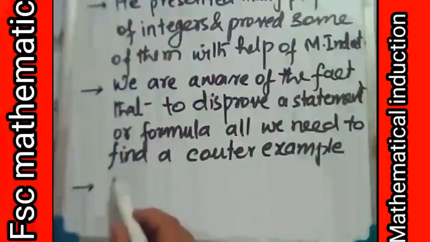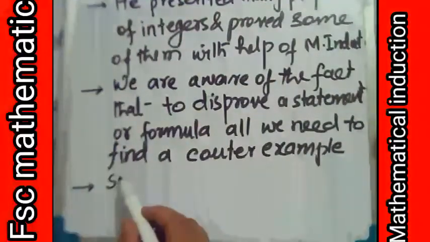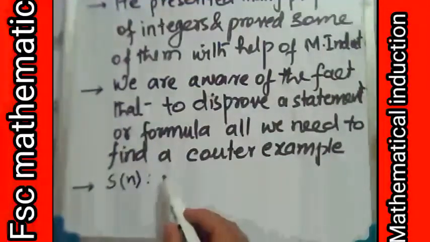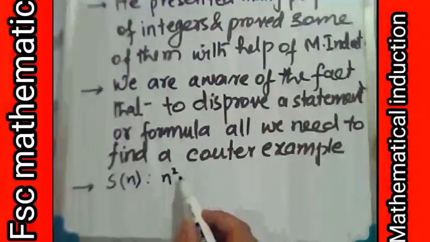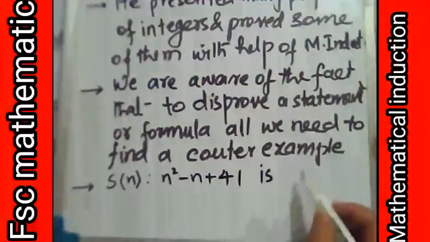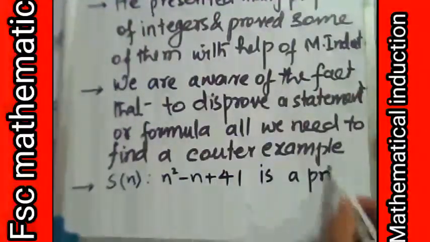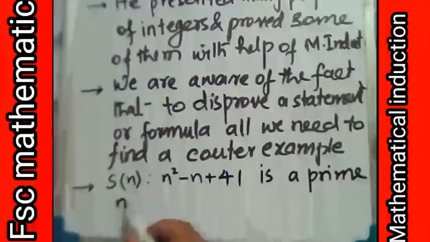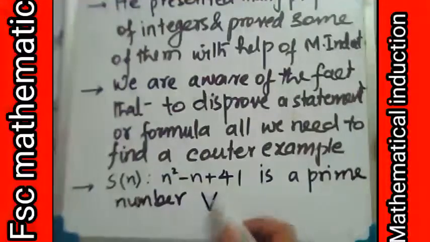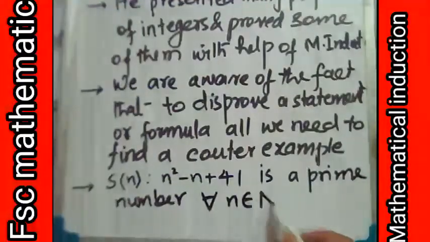The statement is denoted by S of n. What does S of n state? S of n states that n square minus n plus 41 is a prime number for all n belonging to natural numbers.